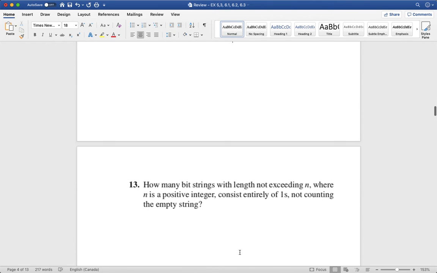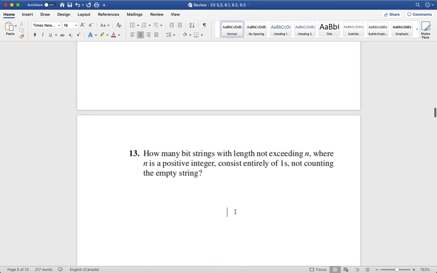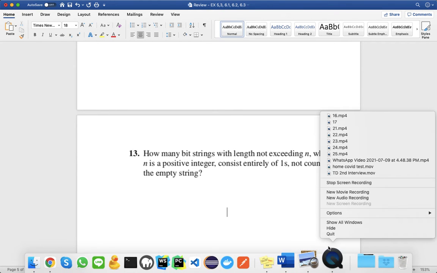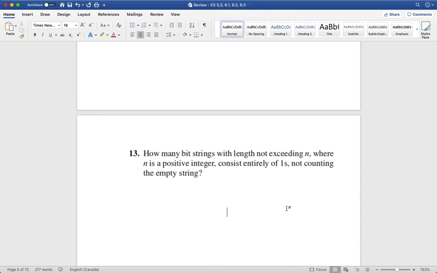Okay. So question number 13. How many bit strings with length not exceeding n, where n is a positive integer, consist entirely of 1s, not counting the empty string? All right.